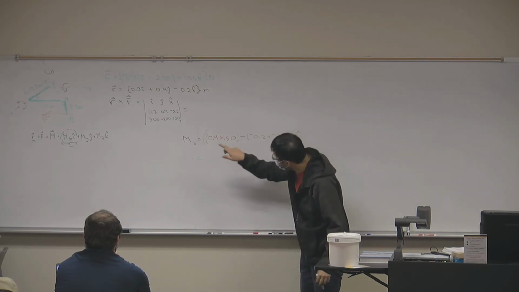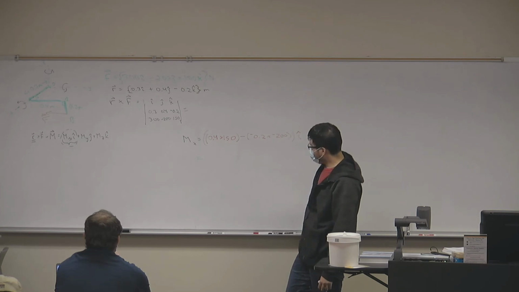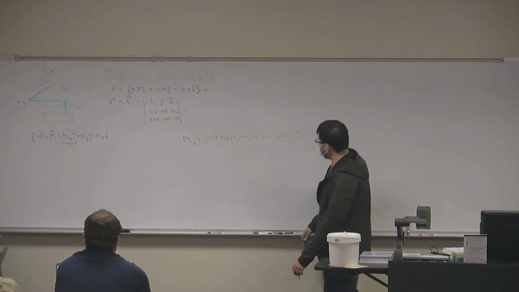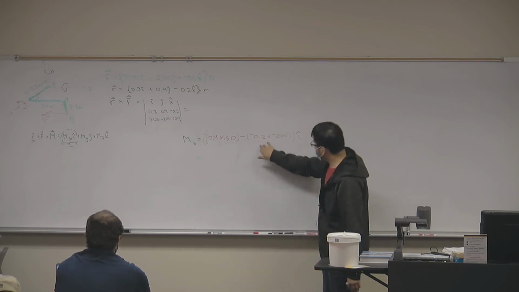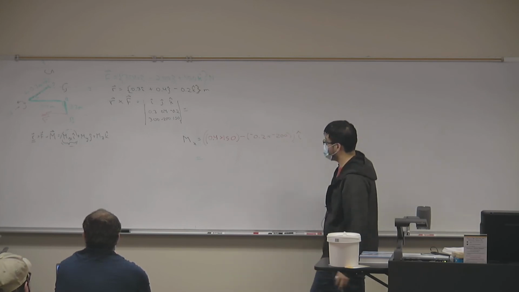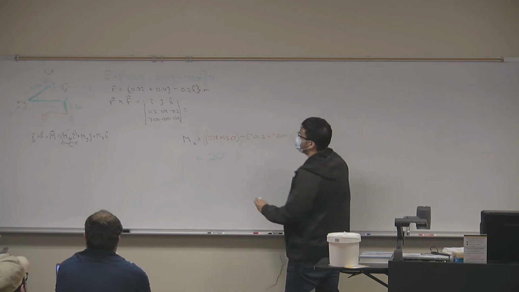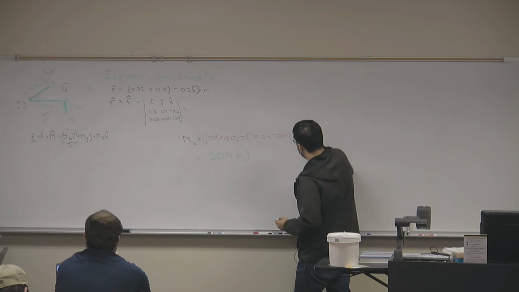We have 0.4 times 150. Is that 60? Yes. And then we have minus, two negatives form a positive, so minus 0.2 times 200. Is that 40? Yes. So what's 60 minus 40? 20. 20 what? Newton meters. That's my component in the x direction.